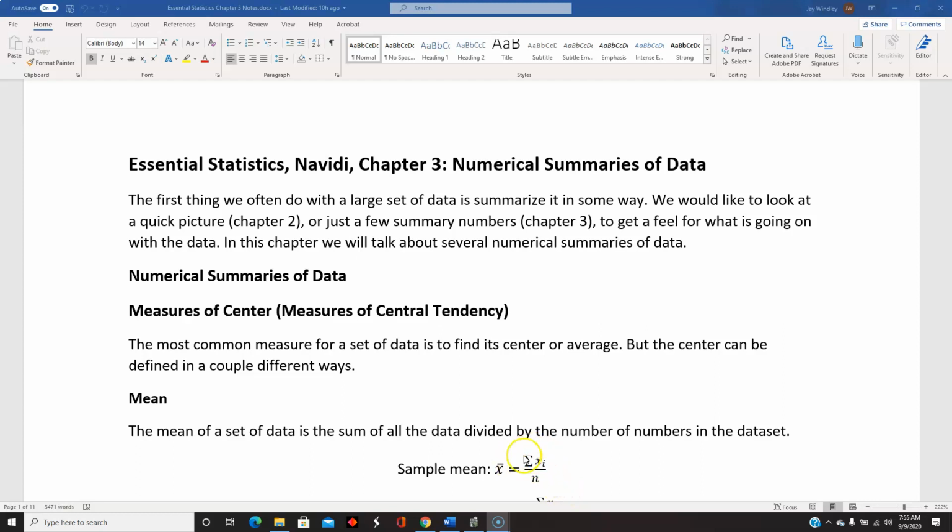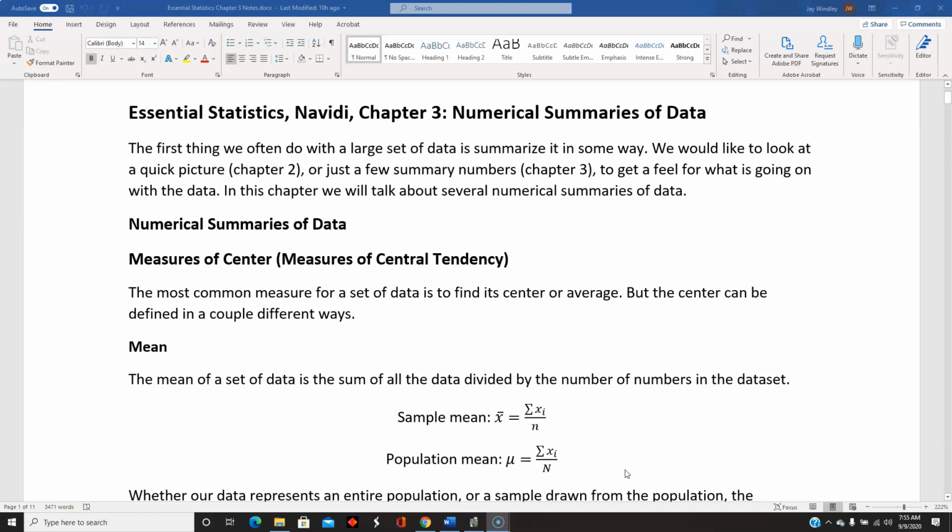This notation with the Greek letter sigma is pretty common for indicating a summation. And the notation x subscript i means that the numbers in your data set are referred to as x subscript 1, x subscript 2, x subscript 3, and so on.